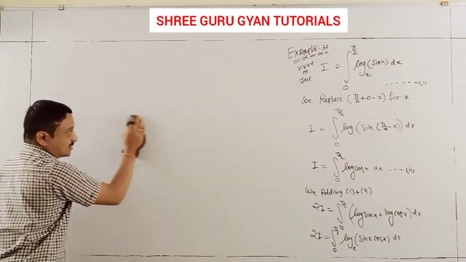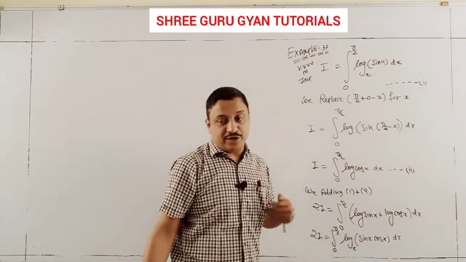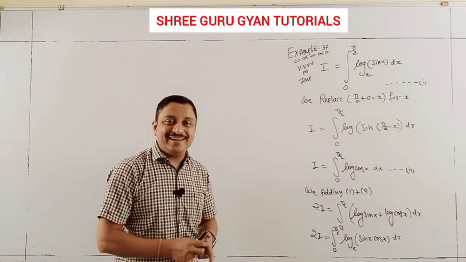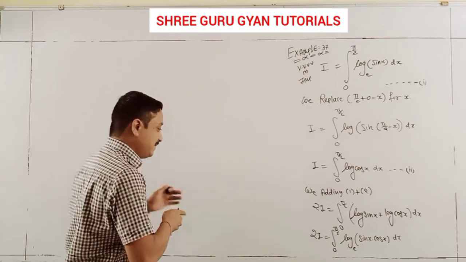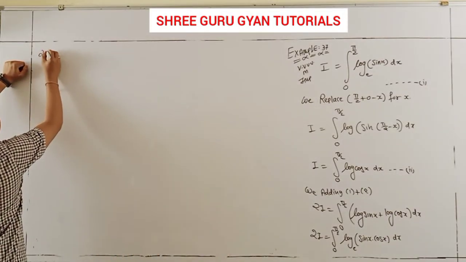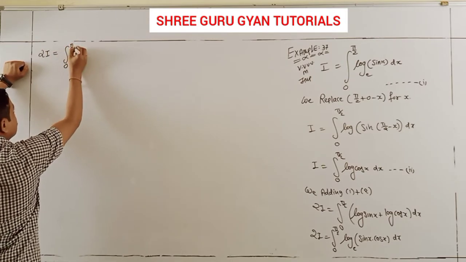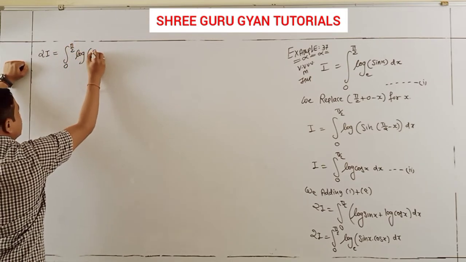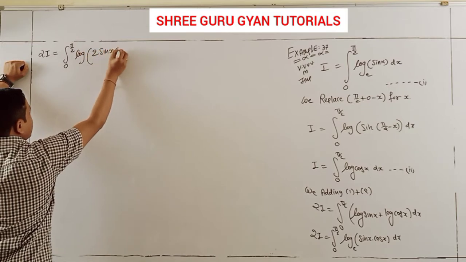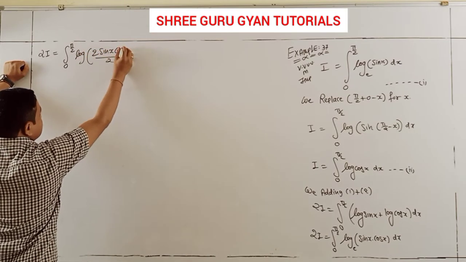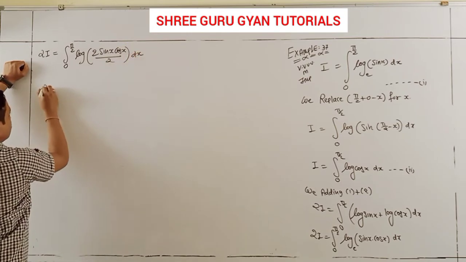So now I start here with one turning point value: multiplying by 2 and dividing by 2. So twice I, 0 to pi by 2, log, here multiplying by 2 and dividing by 2.